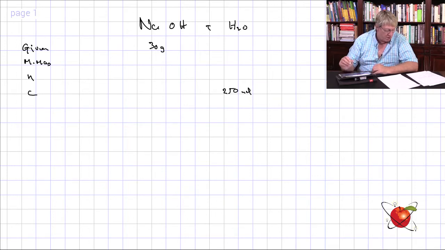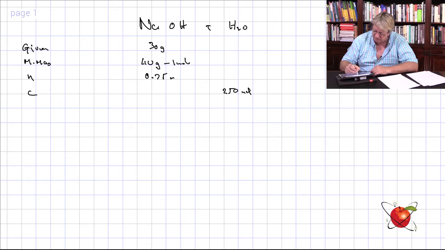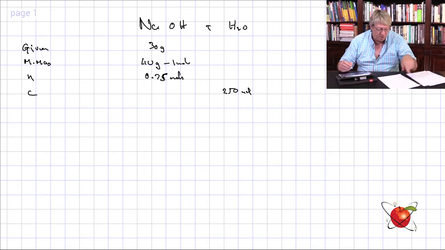Okay, so what's the molecular mass of NaOH? We say, okay, it is 40 grams per mole. Calculate the number of moles, 0.75 moles. Concentration, therefore, is n over V. Change this to 0.25 decimeters cubed.